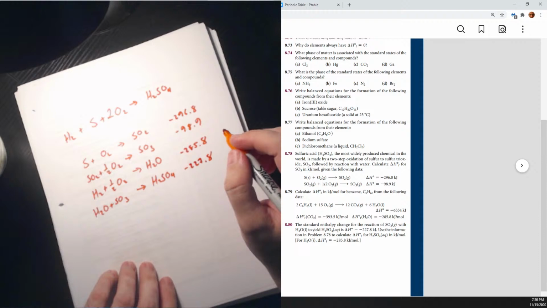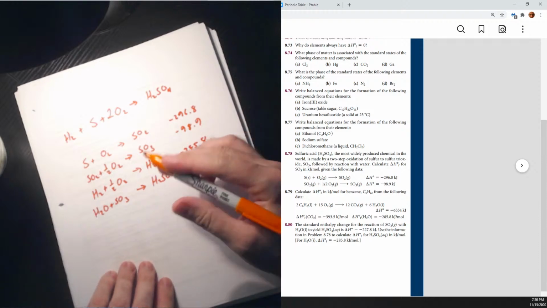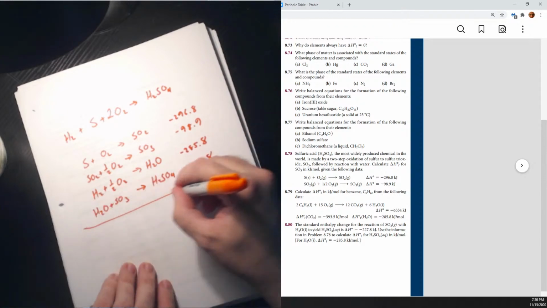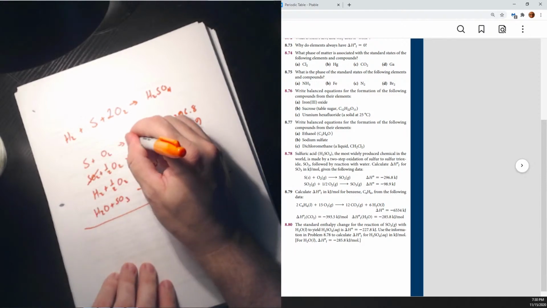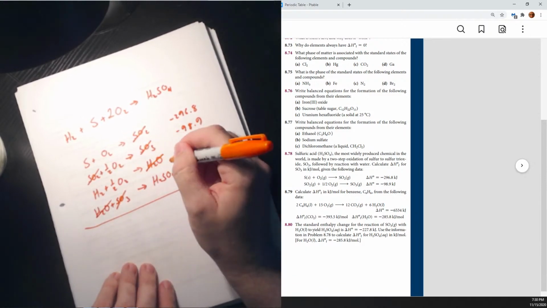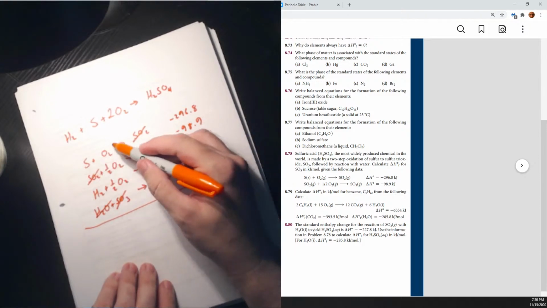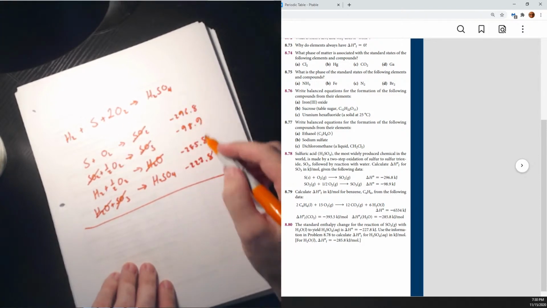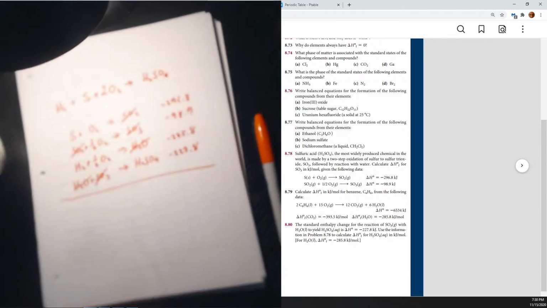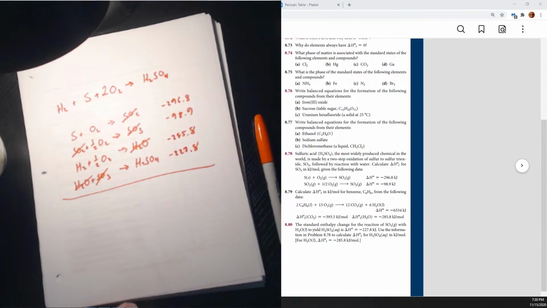So, in fact, I think I can just add these together as they are, because SO2 cancels out, SO3 cancels out, water cancels out. We're going to have H2 plus S plus 2 oxygens. Yep, so I just need to add these four numbers together. Once again, the simplest of Hess's laws.